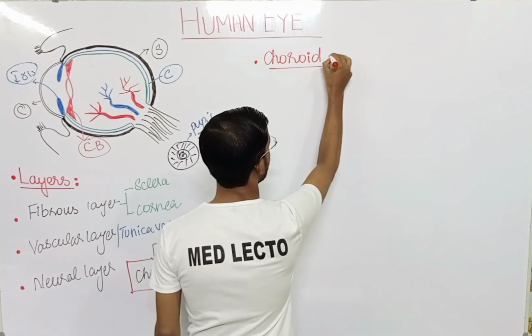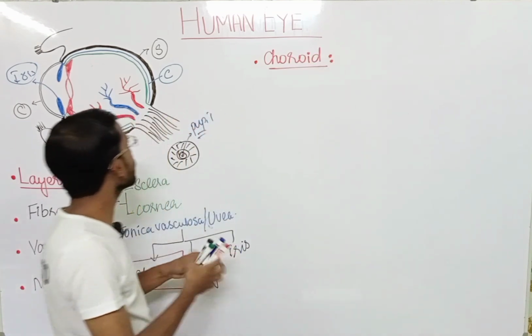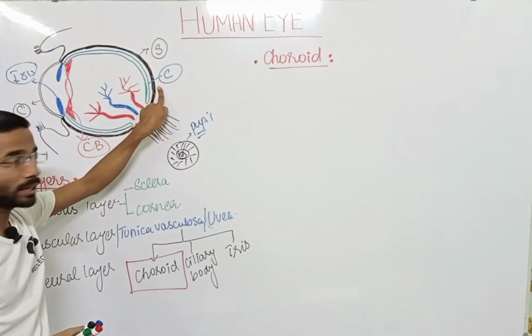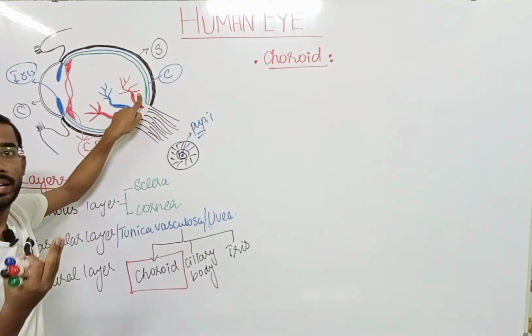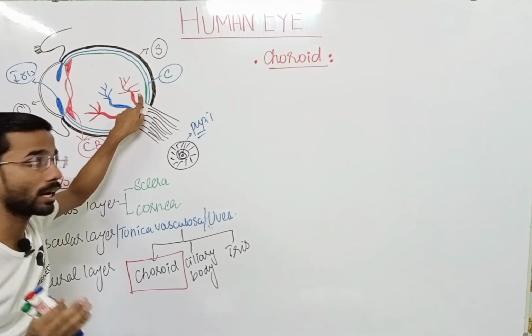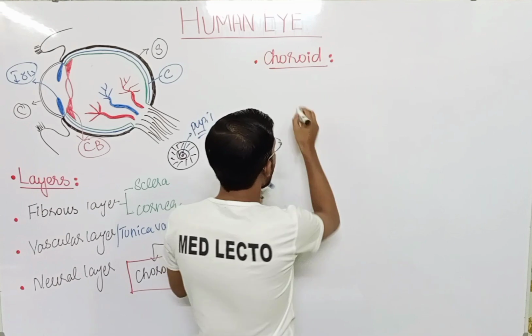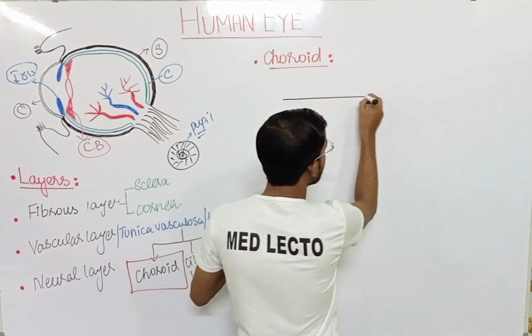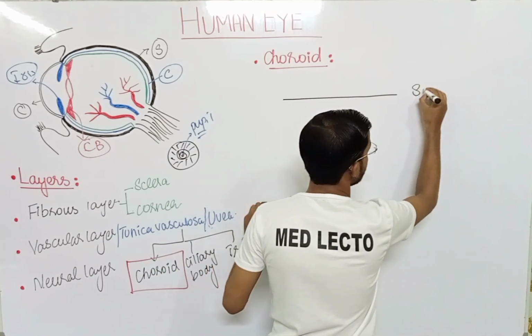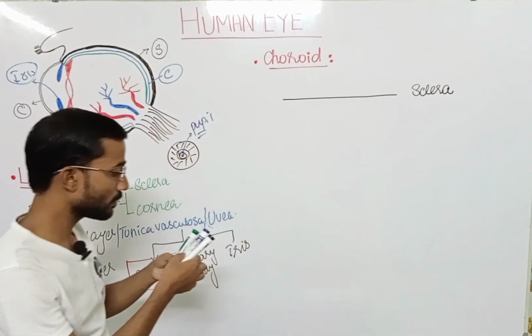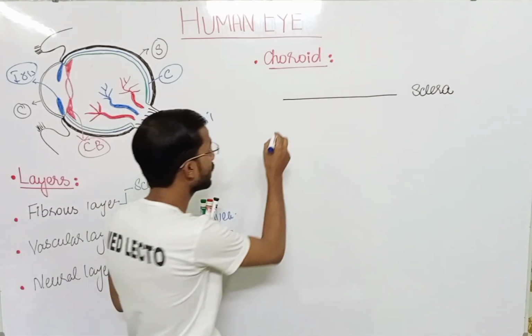As we know, the outermost layer is the sclera, the next layer is the choroid, and the innermost is the neural layer, or retina.